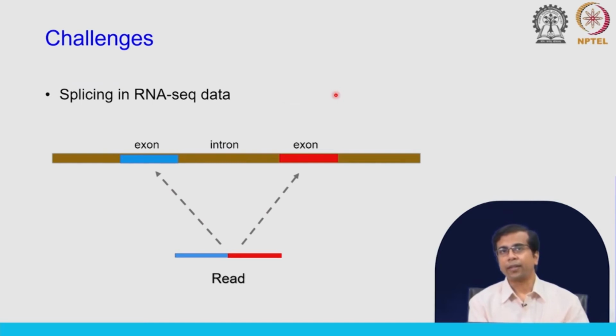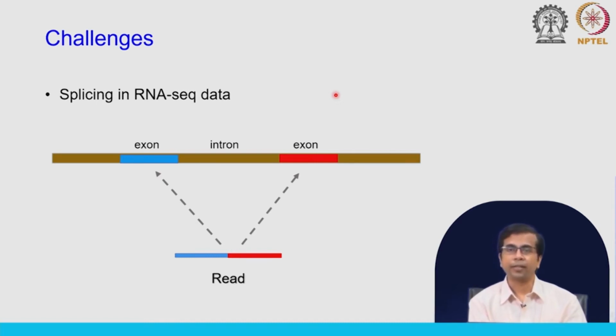And finally, there is another challenge, a specific challenge for RNA-seq data, right. We will talk about this in a bit more detail when we talk about transcriptomic data analysis and read mapping in RNA-seq data. What happens in RNA, when you are processing RNA samples, in mRNA, you have splicing, right.